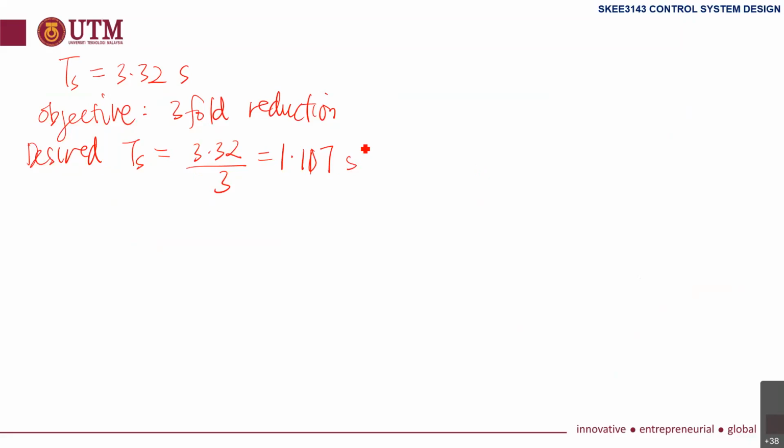We want our system to improve the transient response, to improve the settling time from 3.32 seconds to 1.107 seconds. How can we design a PD controller to achieve this new desired settling time?